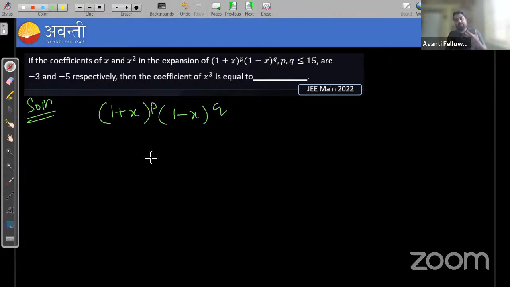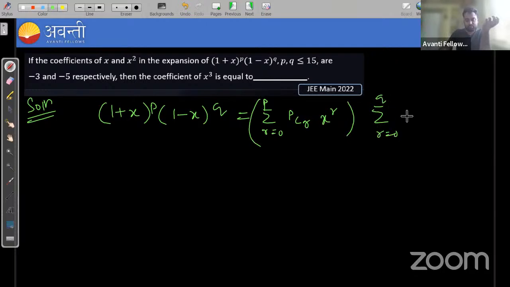If you write the general form of these two expansions, it will be the summation from r equal to 0 to p of pCr 1 to the power p minus r, that is 1, and x to the power r, into the summation from r equal to 0 to q of qCr, minus 1 to the power r, into x to the power r.